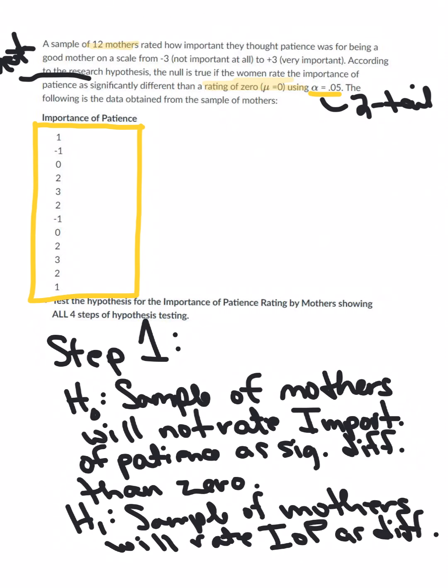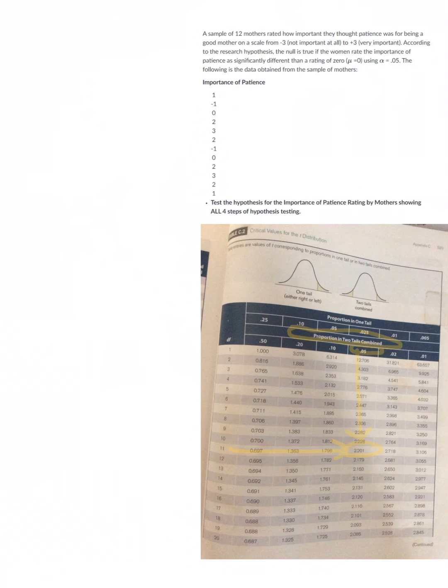So that way we have our null and our alternative hypothesis ready, and then we can move on to our step 2. So we know this is two-tail alpha 0.05. First I'm going to go to the next page.